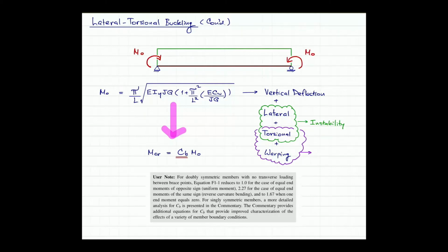In some cases, like when we deal with the I-beam, you expect the warping to happen, and thus this torsion is causing the warping. So they are actually like another package.